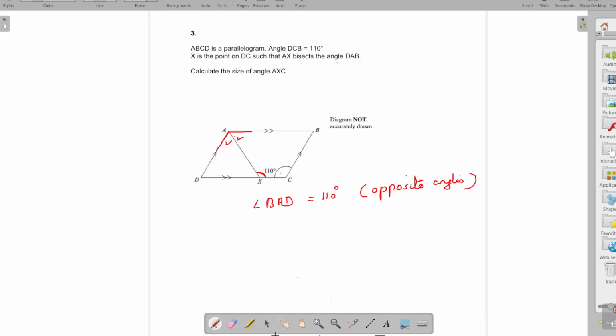Now, we could also find this angle easily, because they are parallel, the internal angles add up to 180.